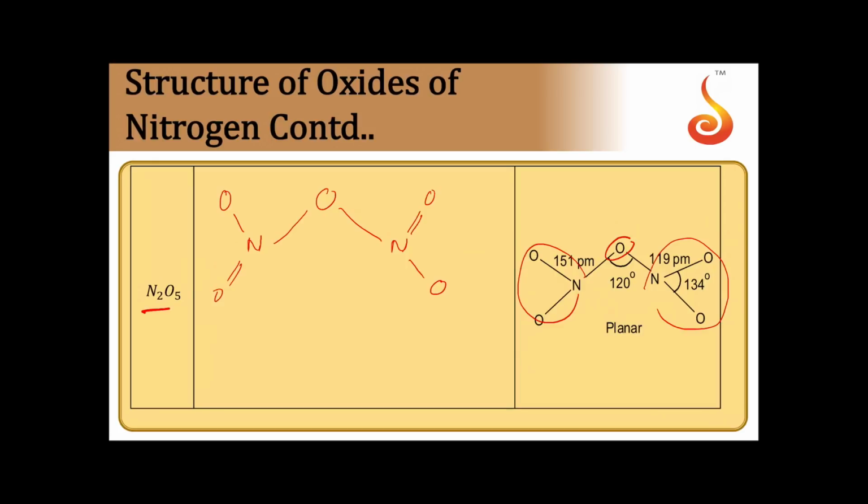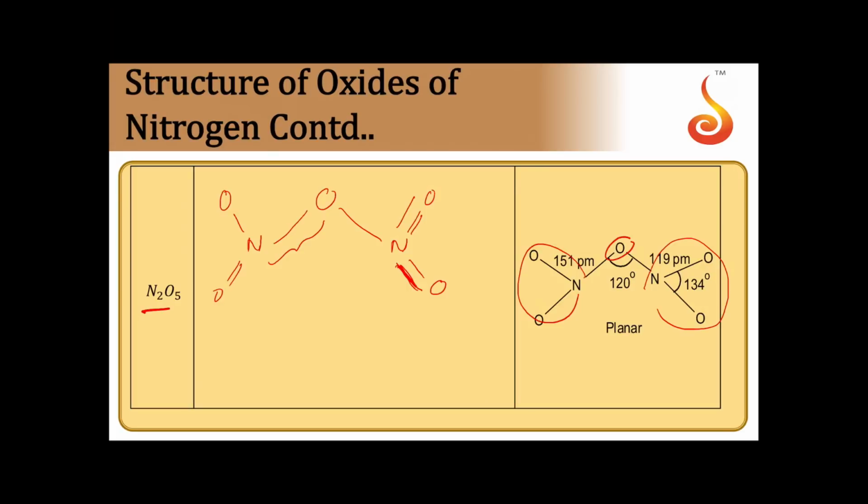This can be taken as the structure of this type. Again, we have resonating structures where these two NO bond lengths are equal because of resonance. This NO bond length and this NO bond length, these two are not the same. You can see the bond lengths which are present there now.